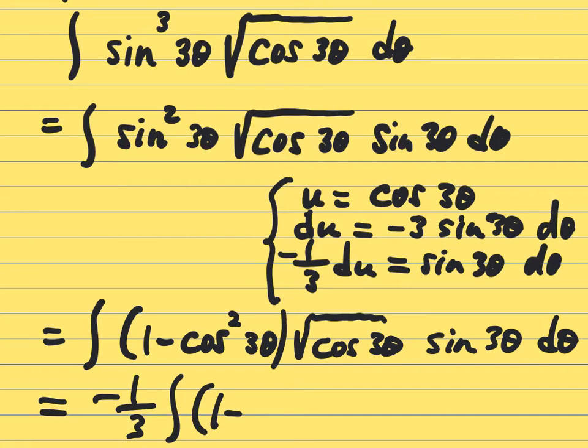One minus cosine 3 theta squared, we can write that as u squared. Square root of cosine 3 theta, that can be u to the half, du.